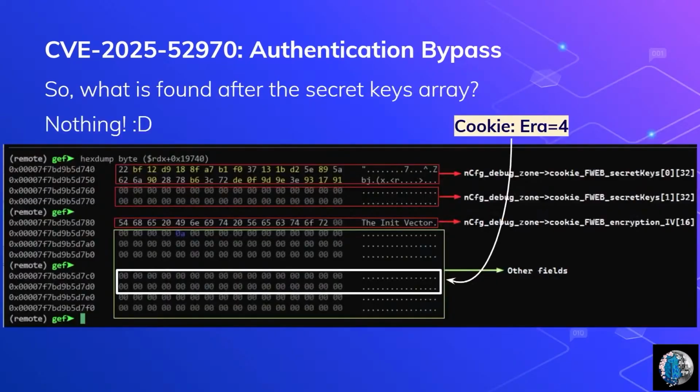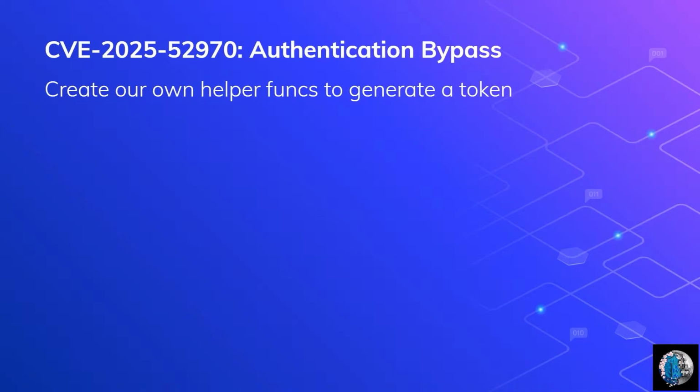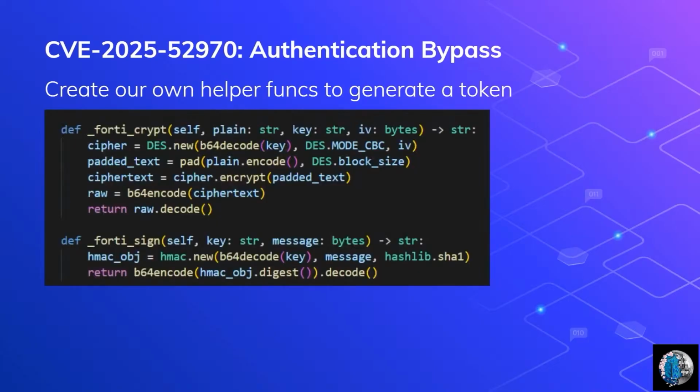So now that we know what we can do with this, we start to build the exploit components. The first thing we're doing is to create our own helper functions to generate a token. What you see here is just the same logic that Forty implements in their modules, only in Python. The first function is for decrypt, which is intended to generate the value of payload, and the second one is Forty sign, which is intended to generate the value of auth hash.